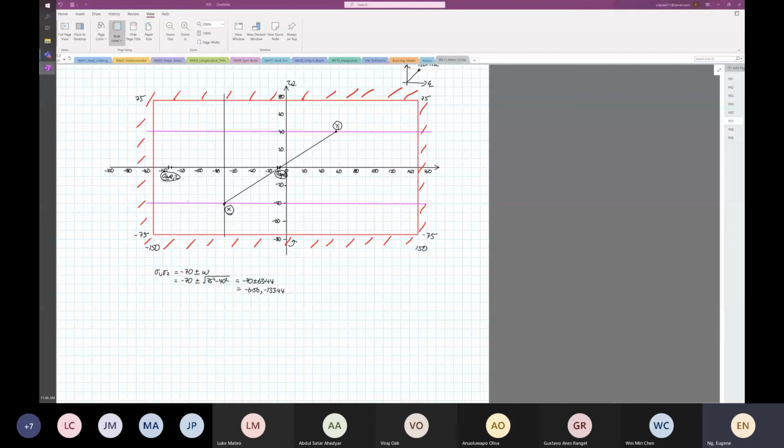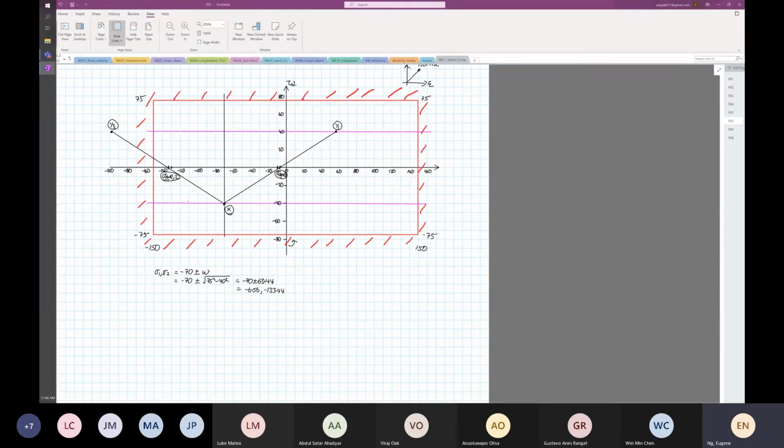This is our Y2, and you realize that our Y2 is bad news. It's outside the boundary.